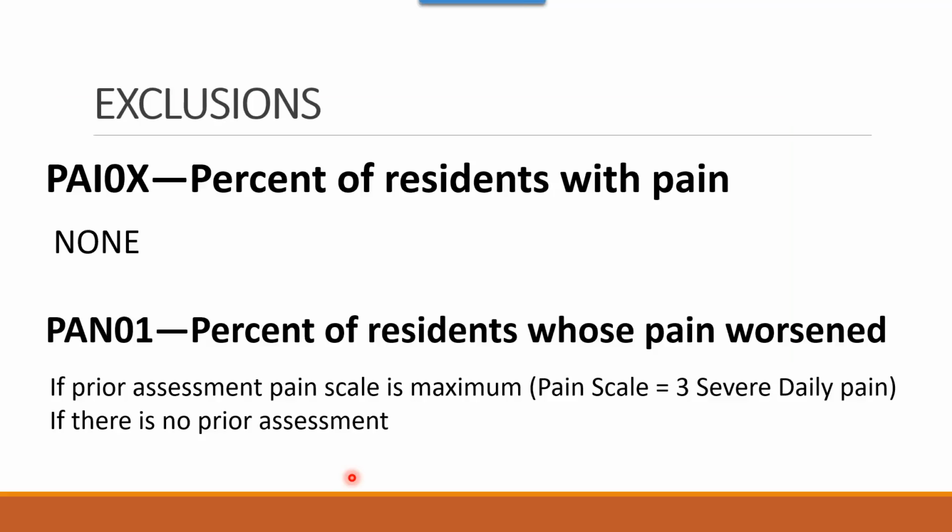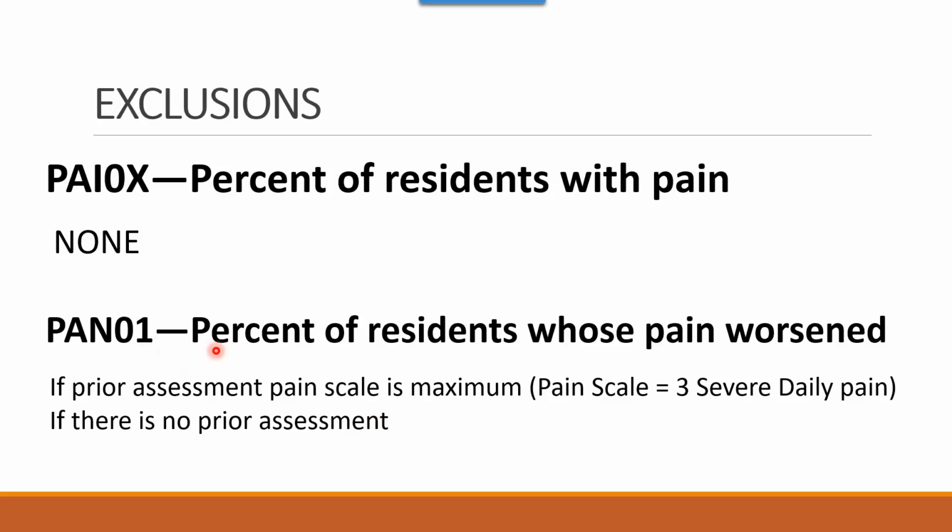Some exclusion factors. Now you can see for the prevalence indicator, there are no exclusions except for the ones we've already mentioned. That's the length of stay, being 93 days or more in order to be included. That's the other two indicators, those general exclusion factors that we talked about at the beginning.